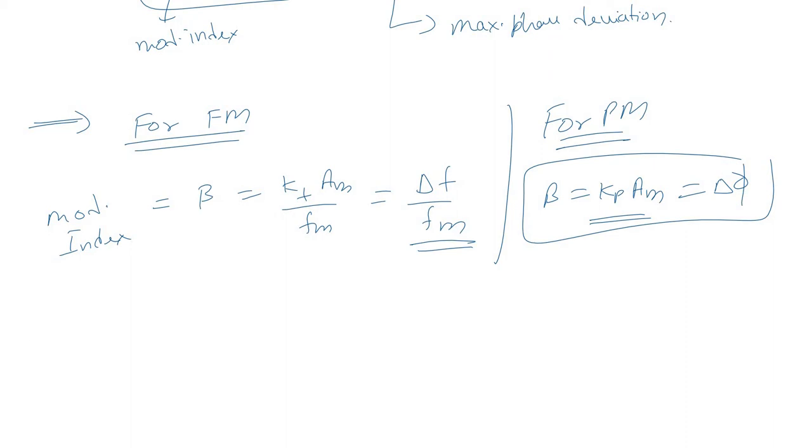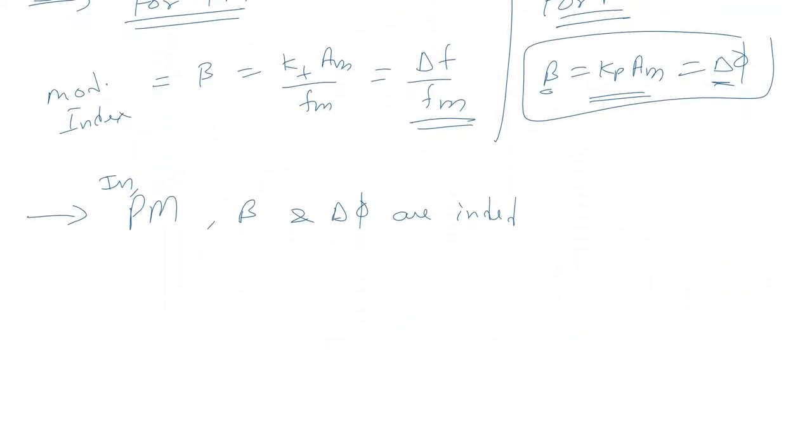So we can conclude that for phase modulation, beta and delta phi are independent of message signal frequency variations.